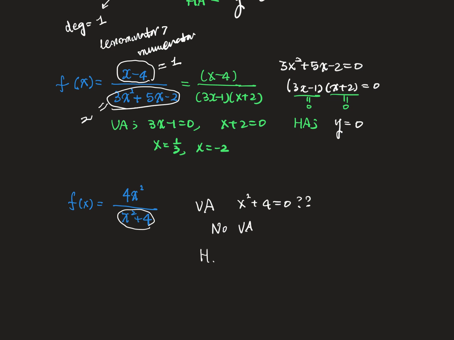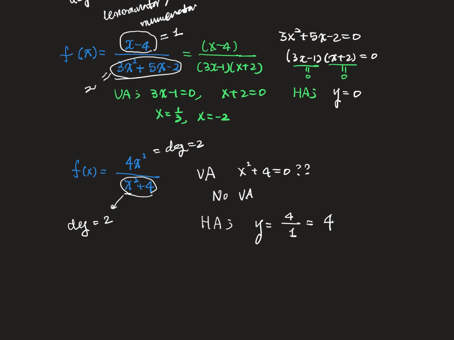Let's go to the horizontal asymptote. What is the degree here? That's 2. How about the denominator? Degree 2. Same degree, then you check the coefficients. So y is 4 over 1, that's y equals 4. That's how I'm going to find it.